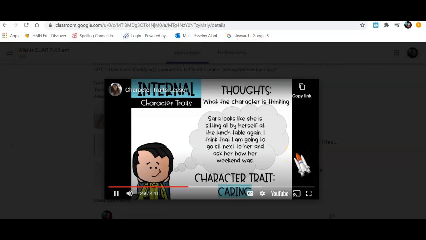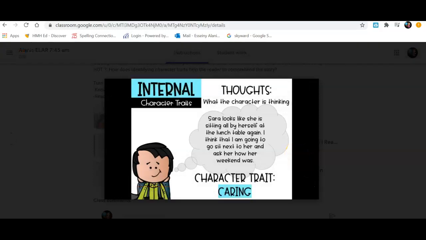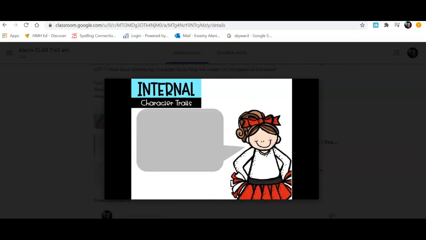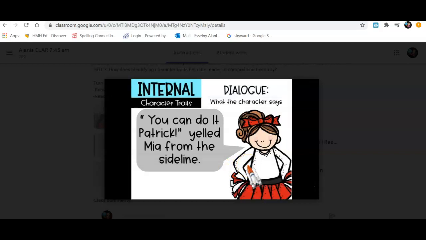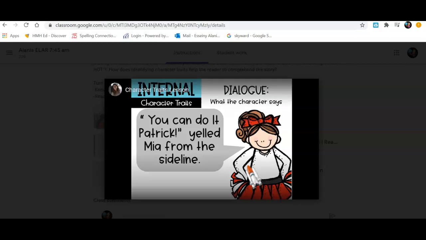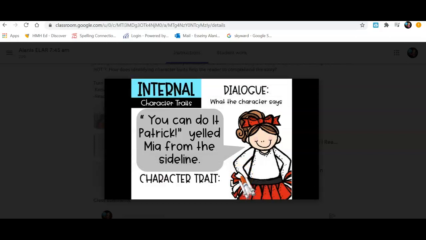The character trait is caring, or that's the one that I chose. I'm sure there's other ones that may fit. Now let's look at dialogue. Dialogue is what the character says. You can do it, Patrick, yelled Mia from the sideline. The clue is that she yelled, You can do it, Patrick. So her character trait is encouraging.